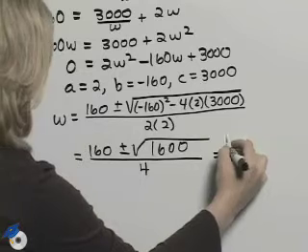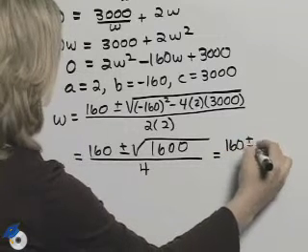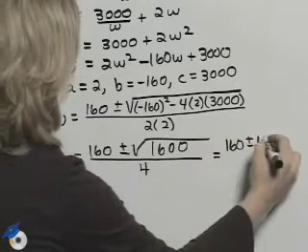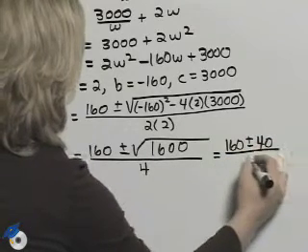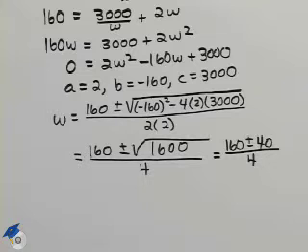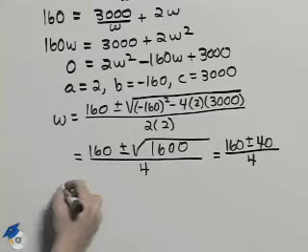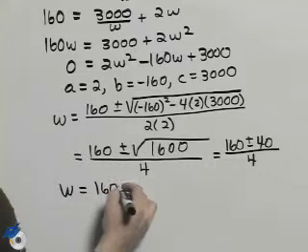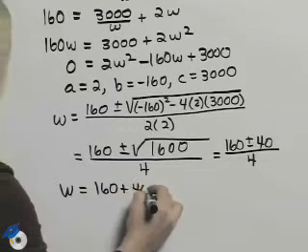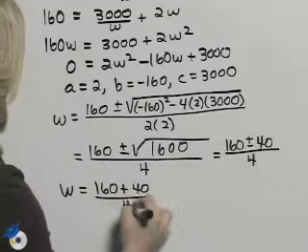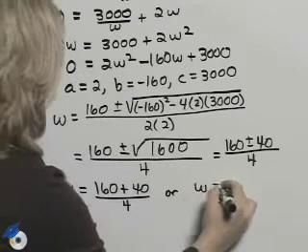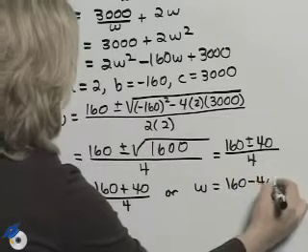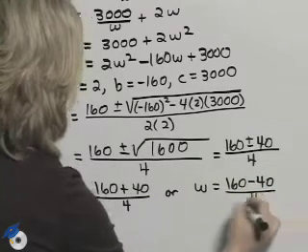Simplifying that will give us 160 plus or minus, and the square root of 1,600 is 40. And we'll divide that by 4. We can now determine the two values for W. W is either 160 plus 40 divided by 4, or W is 160 minus 40 divided by 4.